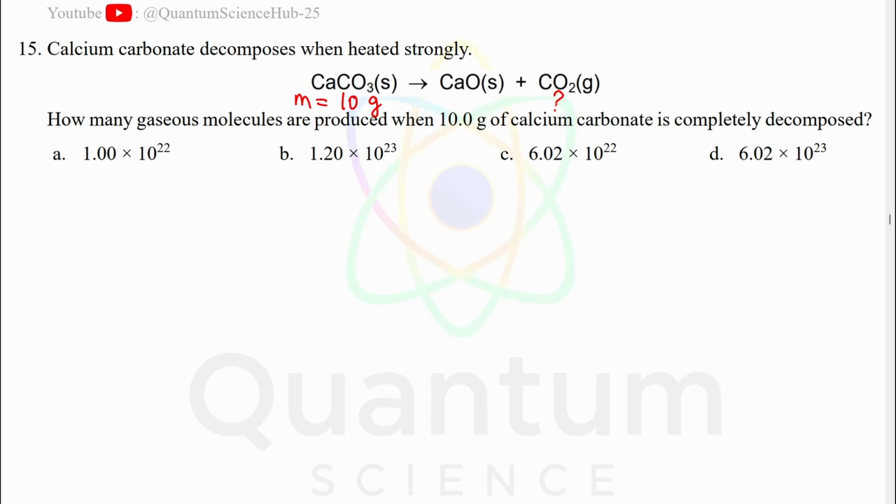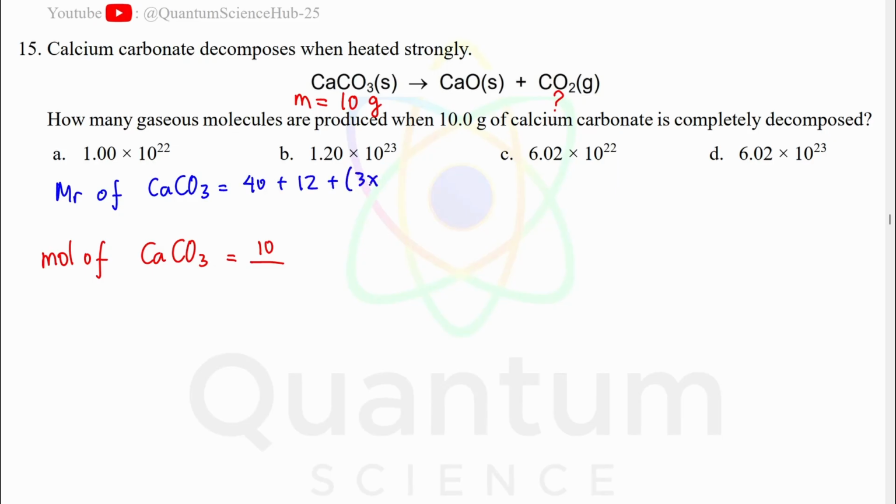Carbon dioxide in here is the only gas. So we can find the mole of CaCO3. Mole equals mass over Mr. Let's find the Mr of CaCO3. If you check in the periodic table, calcium is 40, carbon is 12, and oxygen is 16.